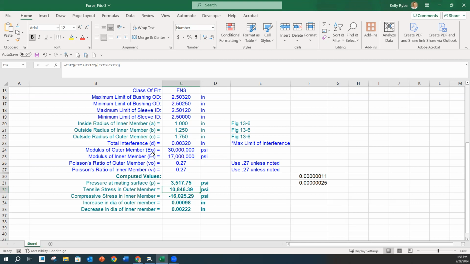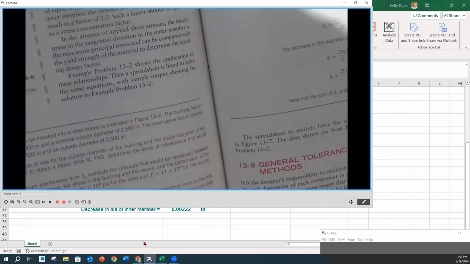That's why we've got the negative there. Then the increase in the outer member's diameter at that 2.5 diameter, at that mark where they're trying to interfere with each other, and then the decrease, or the compression, that's created in the inner member. And again, you'll notice that those numbers are exactly what we have in the example as well.